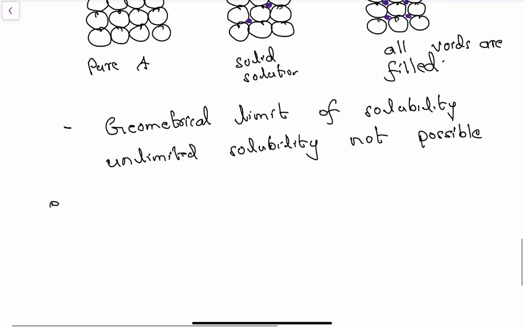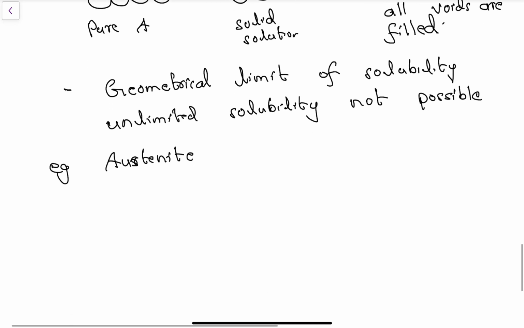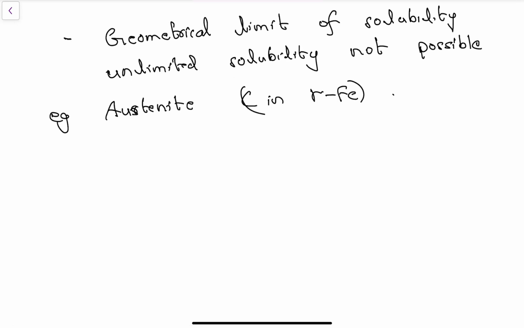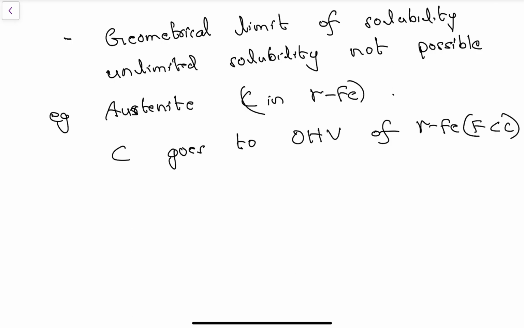Now let us look at an example that we have seen earlier, austenite, that means carbon in gamma iron. Here the carbon goes to the octahedral void of this gamma iron. Gamma iron has an FCC structure, and this structure has voids, that is, areas where the iron atoms are not present.